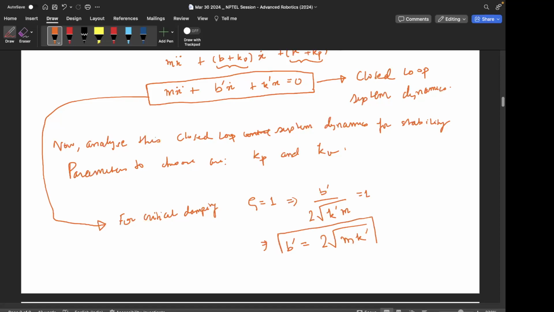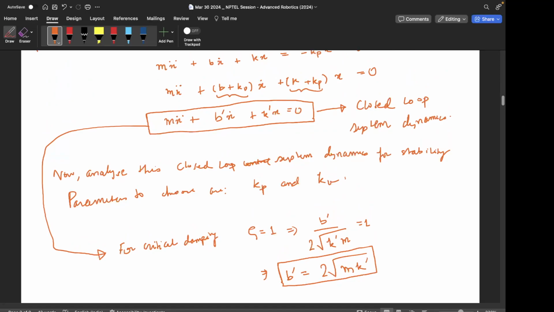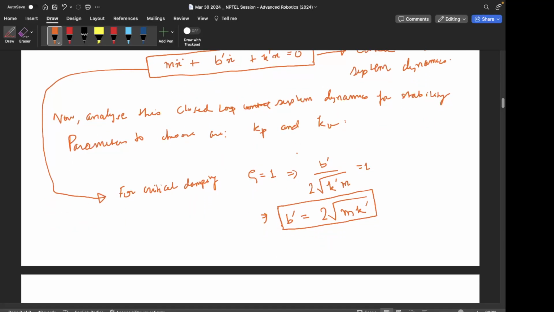So by choosing our values of kp and kv, given the values of b and k originally, we can choose kp and kv such that this is satisfied.